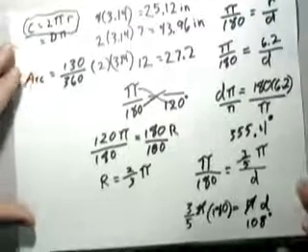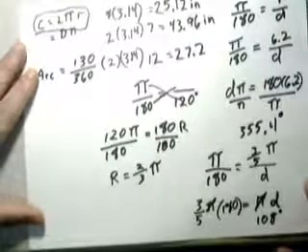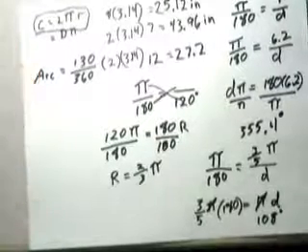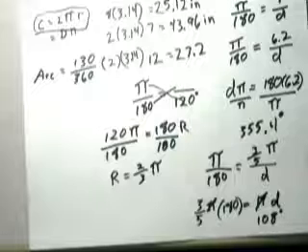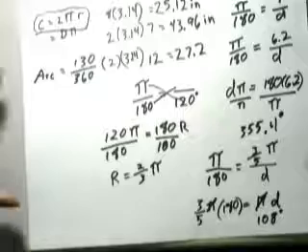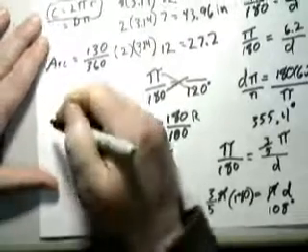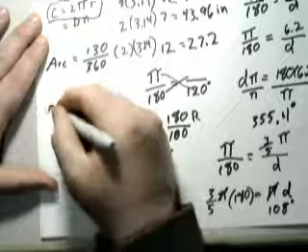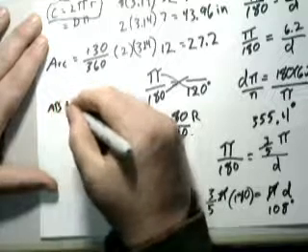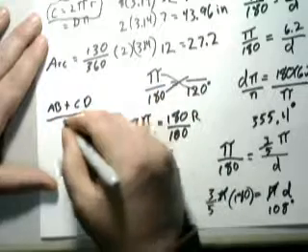All right, so let's take a look at number 4. Now with number 4, the angle that we're looking for is inside of the circle. So the equation for that is AB plus CD divided by 2.